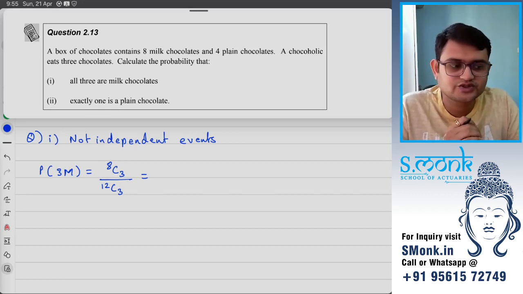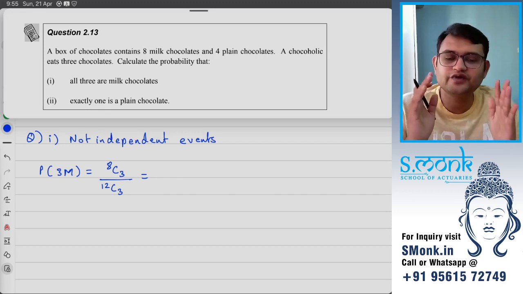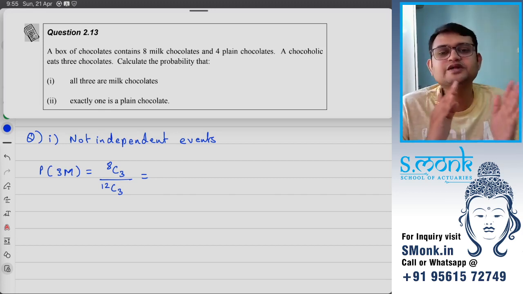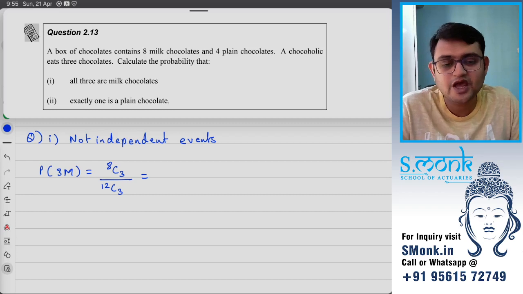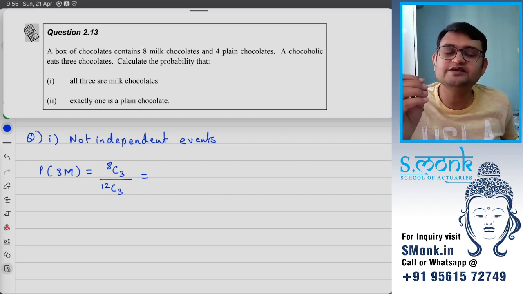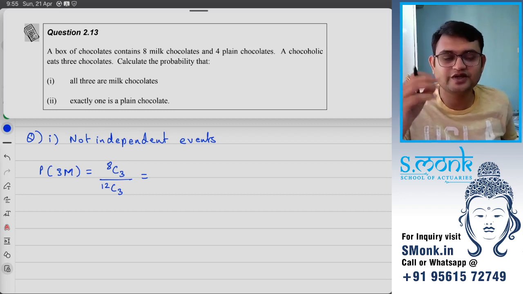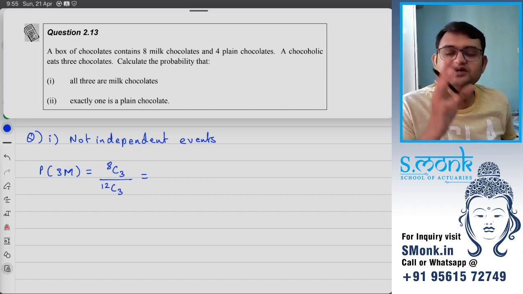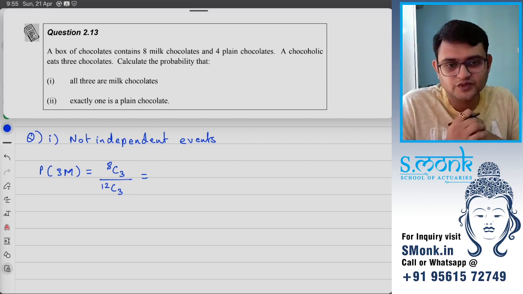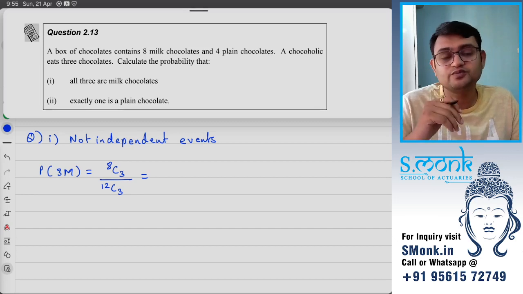So that is why we did not have a mention of whether there is a replacement or not. But when it comes to selecting teams out of living people or living animals, you will find that replacement is not possible.